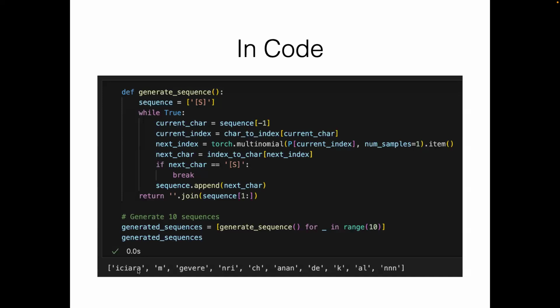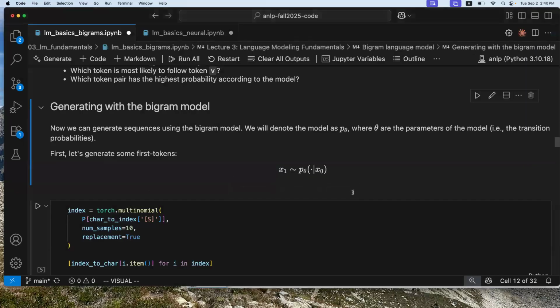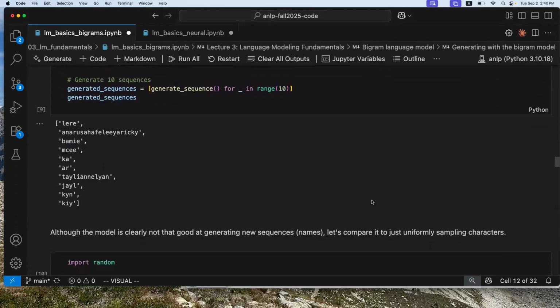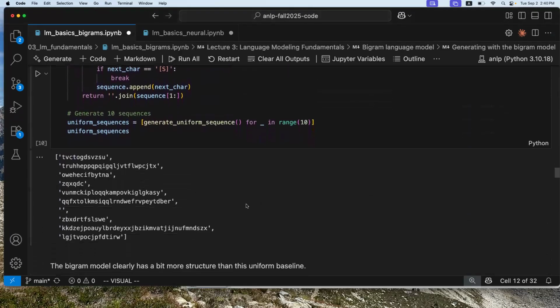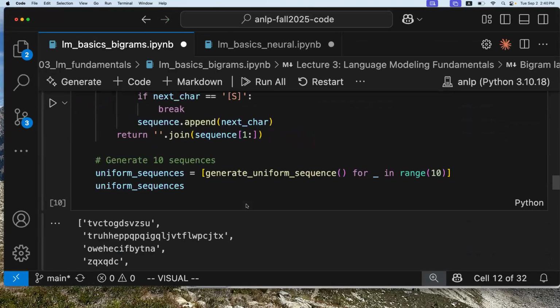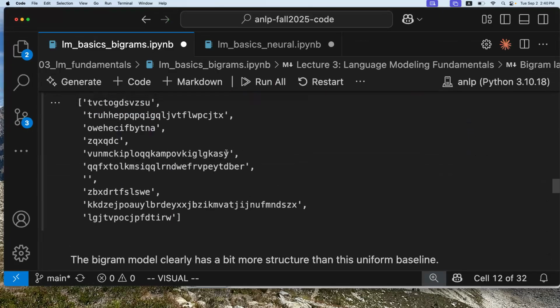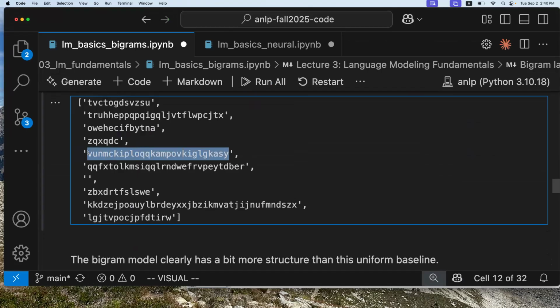But there's a question of whether this actually learned anything. So you can consider what it would look like if we just sampled next tokens uniformly at random. This is actually shown in the notebook, and you can see that it's much worse. You take different characters and just sample them uniformly.